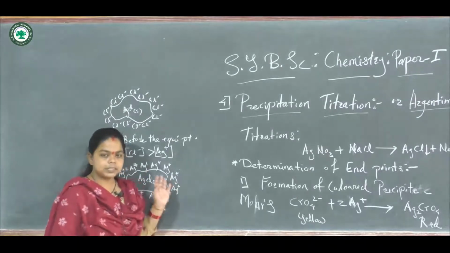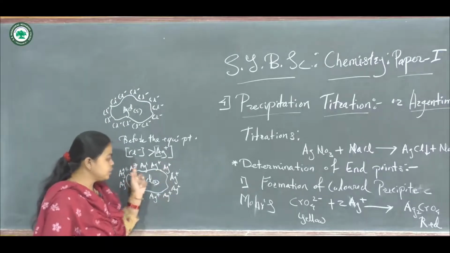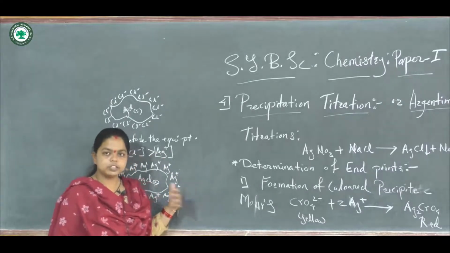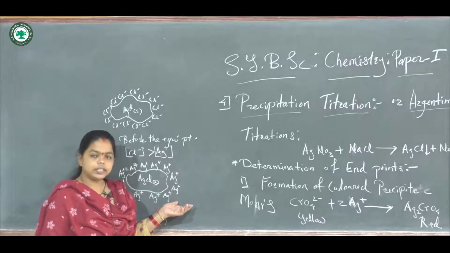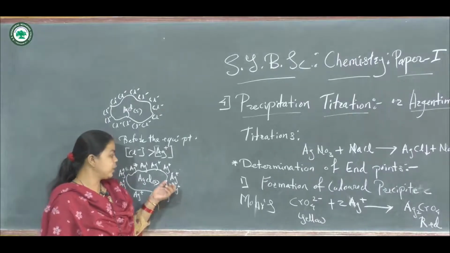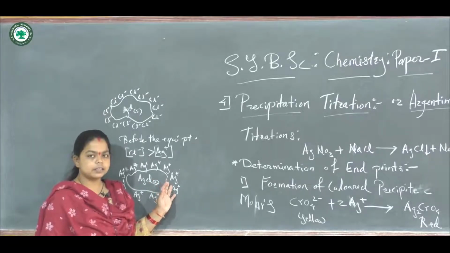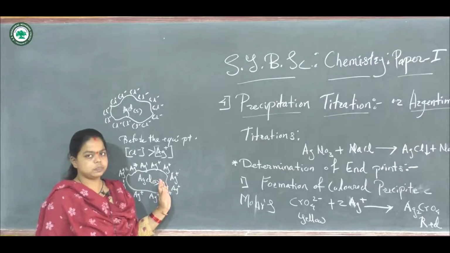This AgCl precipitate is already present in the solution, and because the silver nitrate solution is added from the burette, Ag plus becomes excess over the chloride ion. So just after the end point, we get this condition. All the excess Ag plus ions will get adsorbed on the surface of this precipitate.